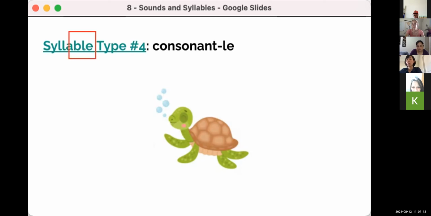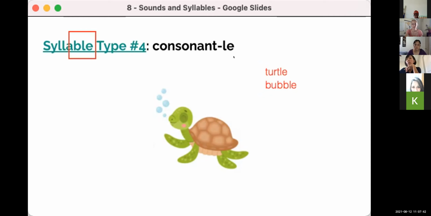This is an example for our consonant-LE. You've also noticed our little turtle friend here with his bubbles. Turtle, table, and bubble are consonant-LE syllables. Table is another great one.